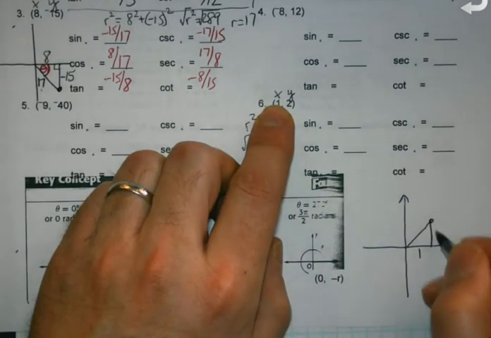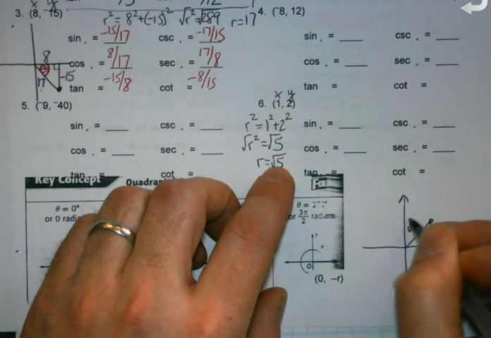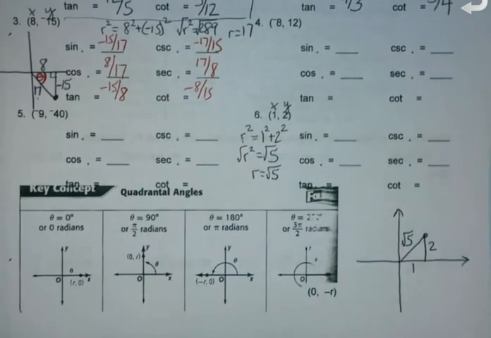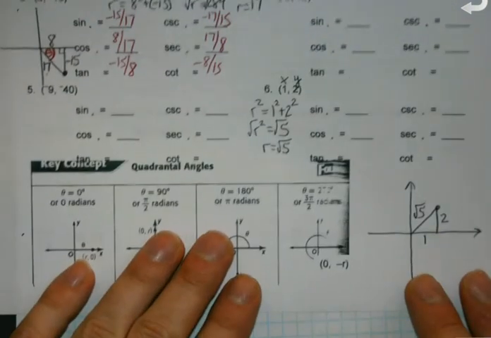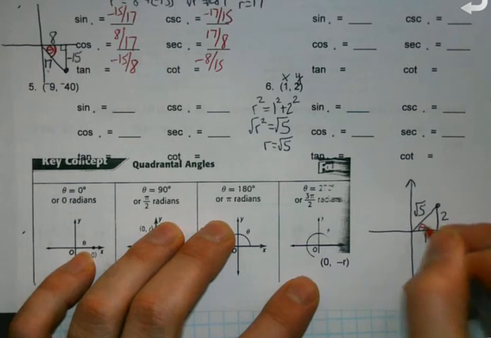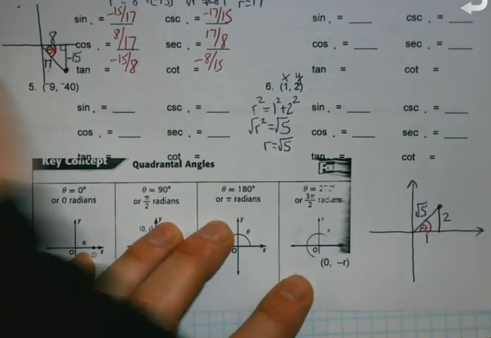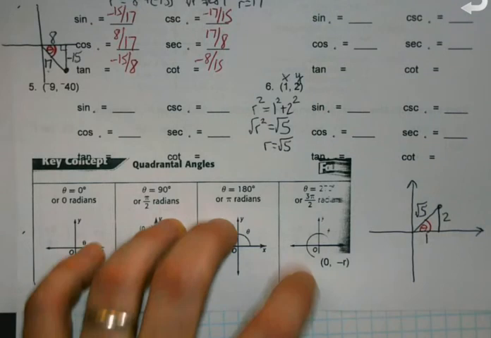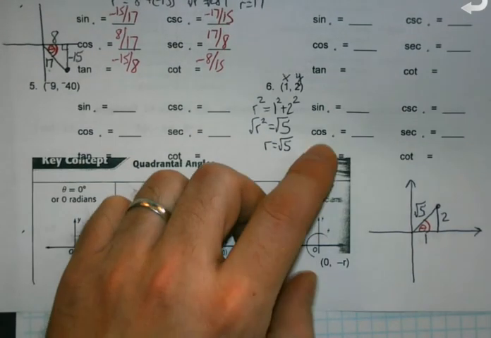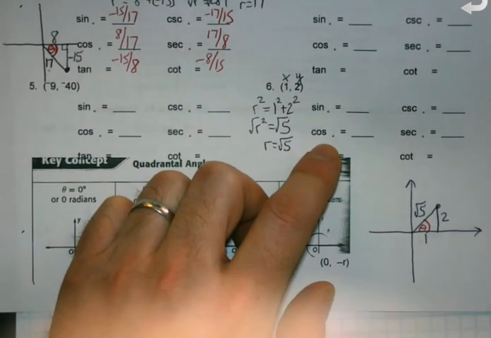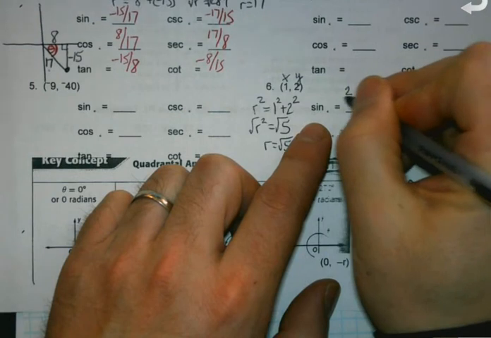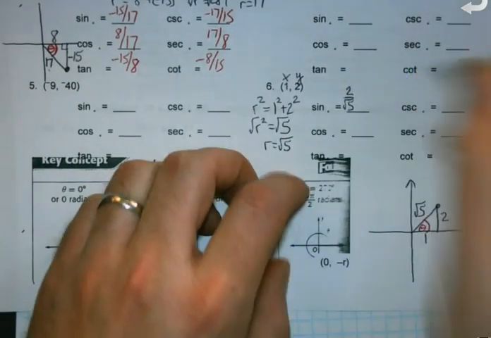But here's x, here's y, and now I know what my r is. Here's my theta. So I start to work through these. So I get to sine. Now what's sine going to be? 2 root 5, you can't have it. Okay, 2 over the square root of 5. Uh-oh.